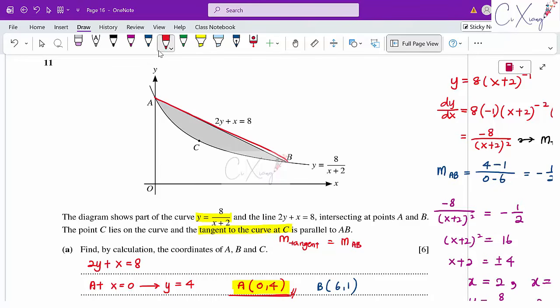If we want to find the volume, first of all, we need to find the volume formed by this straight line equation. After that, I have to subtract the volume formed by the curve below. So that means I have the red volume minus the blue volume to get the shaded volume that I want to find.